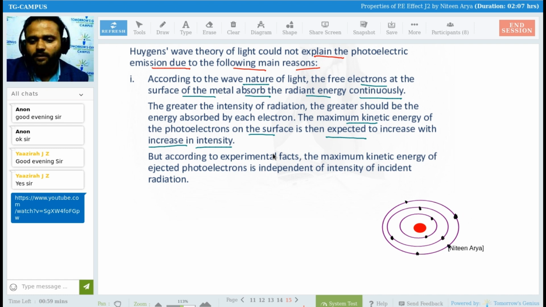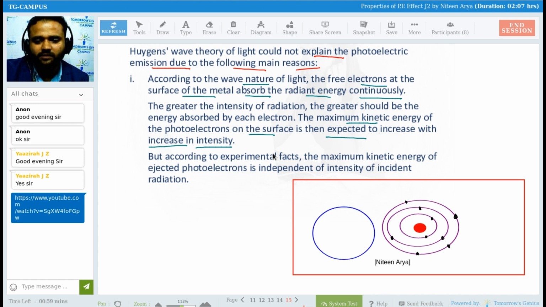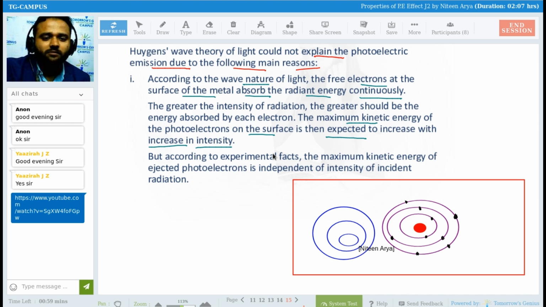A molecule contains a large number of atoms like this. Suppose this is one atom, this is another. Obviously atoms need to look the same, but let's suppose in this way we can see that there is a nucleus.